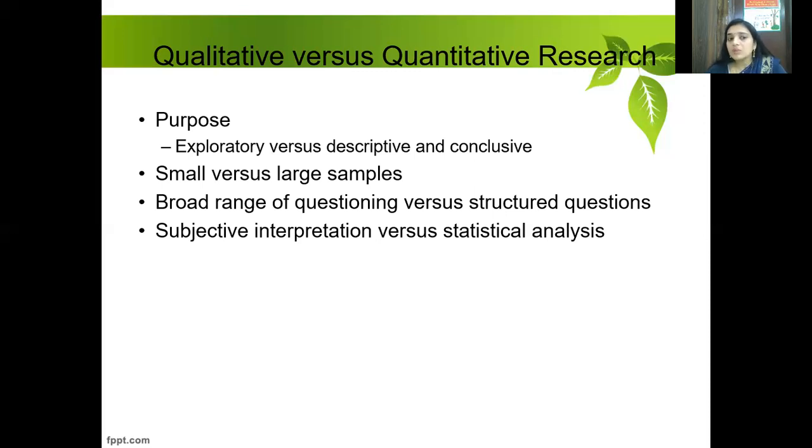So we are talking about exploratory research, which means we are talking about qualitative research. Qualitative research would 99% of the time include qualitative data and result in qualitative data. Whereas quantitative research means descriptive or conclusive research, where numbers are very, very important.